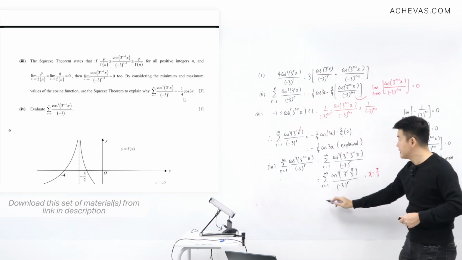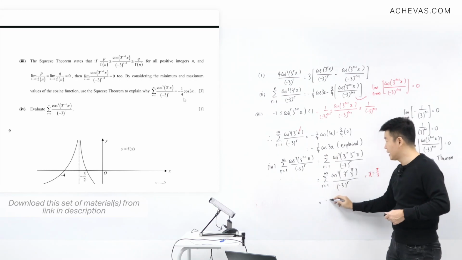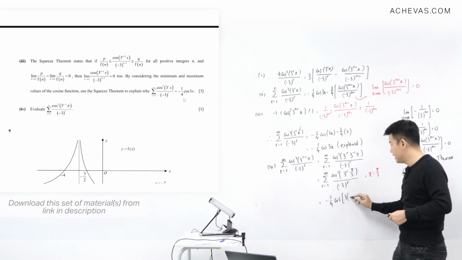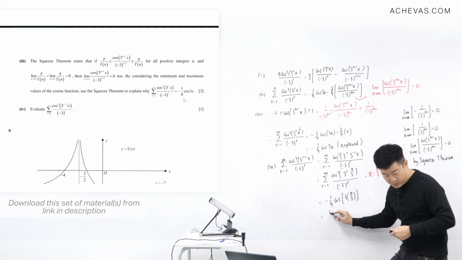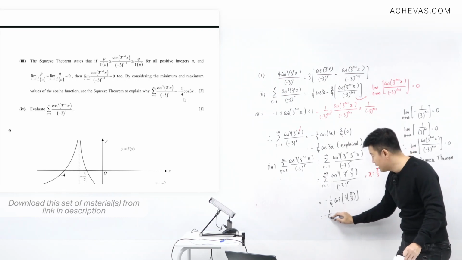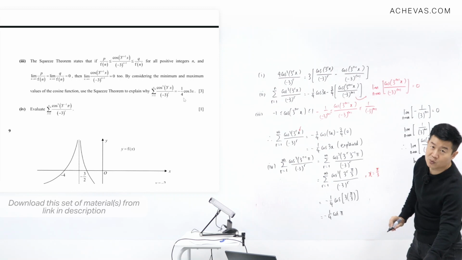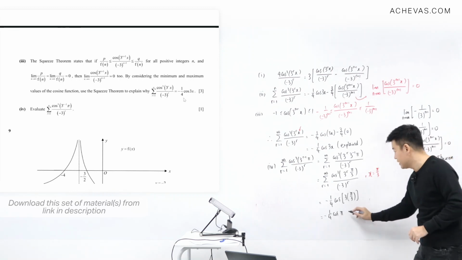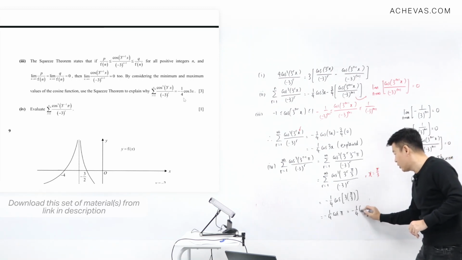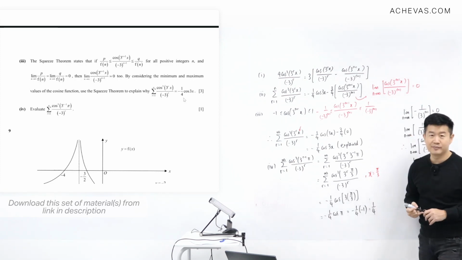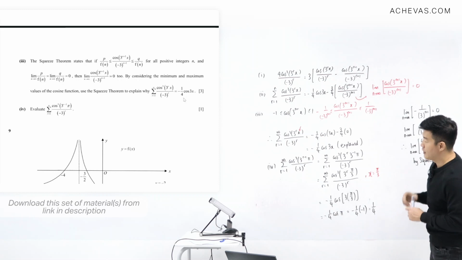So my answer here is going to be negative 1 over 4 cosine of 3 times pi over 3. This is equal to negative 1 over 4 cosine of pi. Cosine of pi is equal to negative 1. So my final answer is negative 1 over 4 multiplied by negative 1, which is equal to 1 over 4. Okay, we're going to move on.